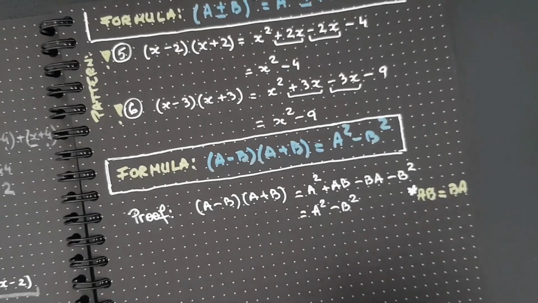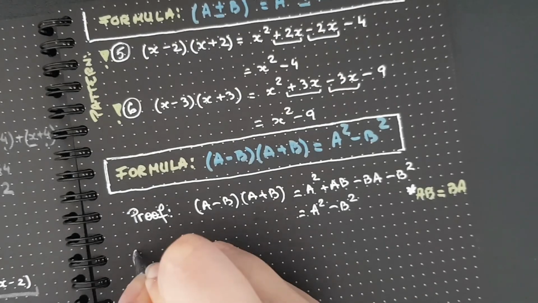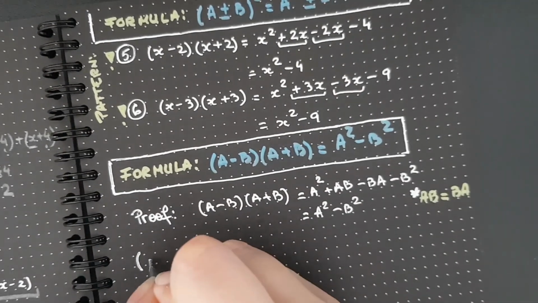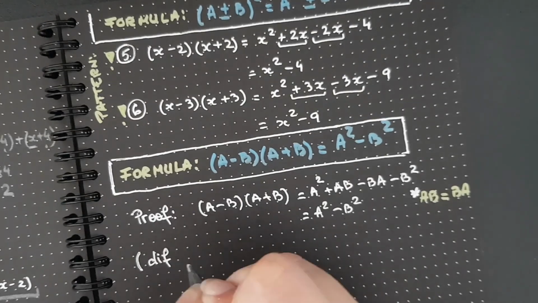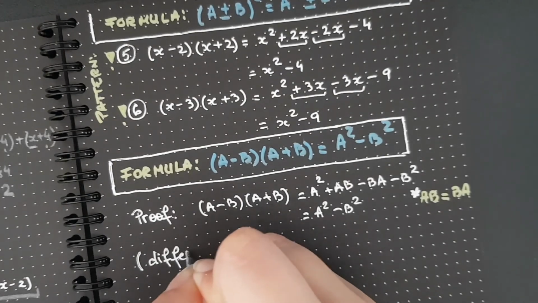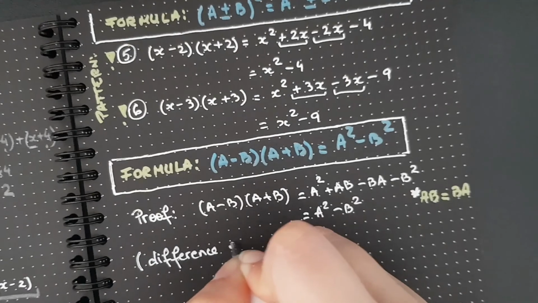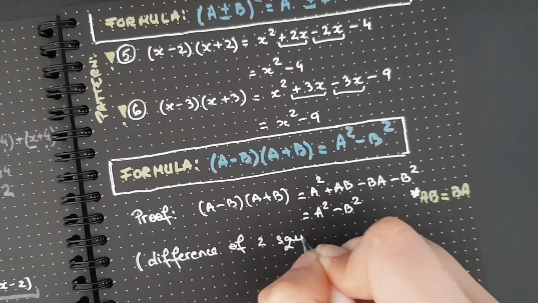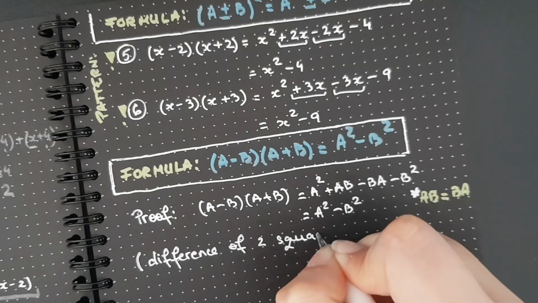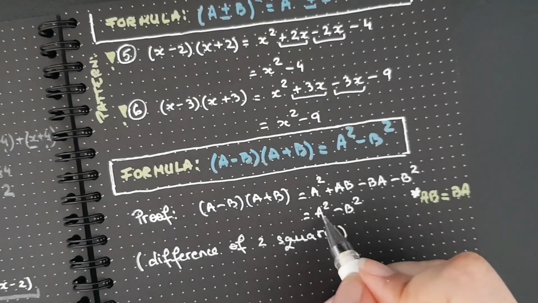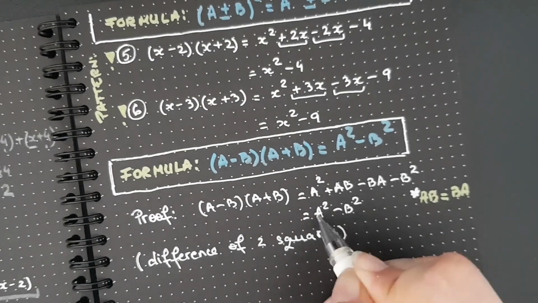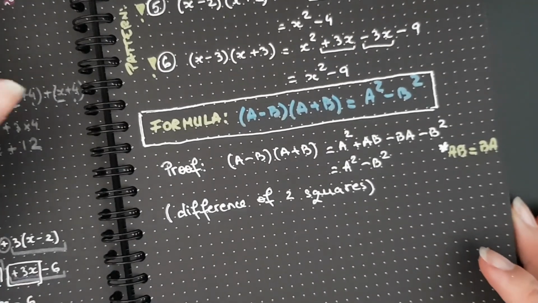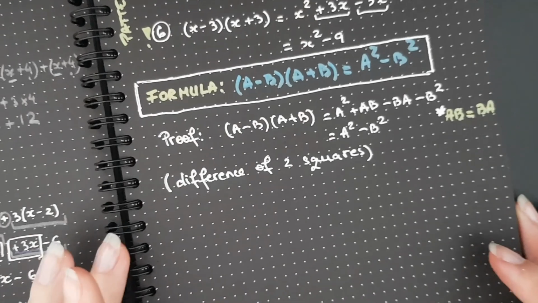Maybe I should mention this has a specific name. Most of the time people refer to this as a difference of two squares, because this is an a squared and a b squared, and they are square numbers, so you will see the term difference of two squares.